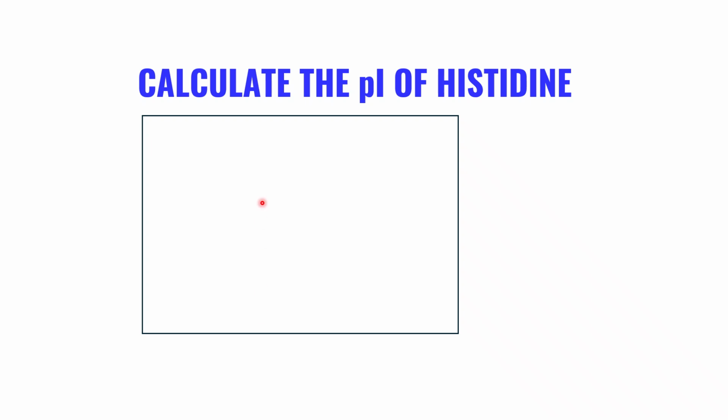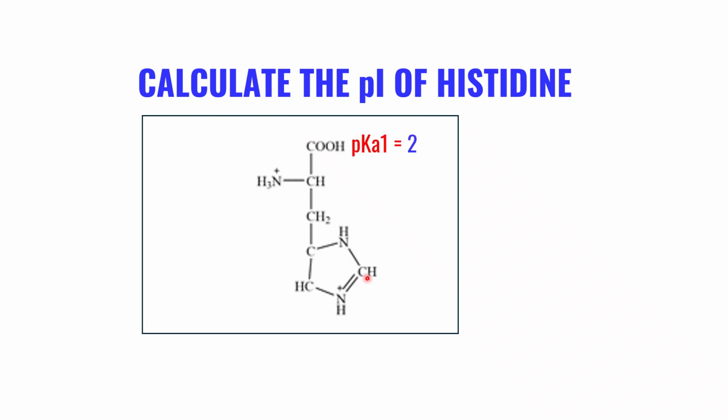So let us begin to calculate the isoelectric point of histidine. The first thing to know is that there are three ionizable groups in this molecule. The first one is the carboxylic group, which has a pKa close to 2. Second is the imidazole group, which has a pKa equal to 6. And the third one is the alpha amino group, which has a pKa of 9.2.